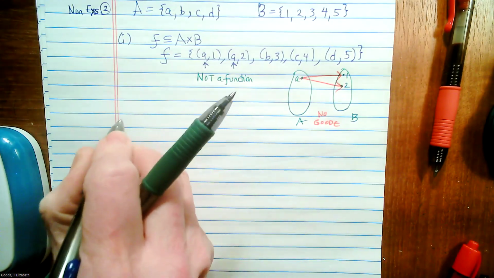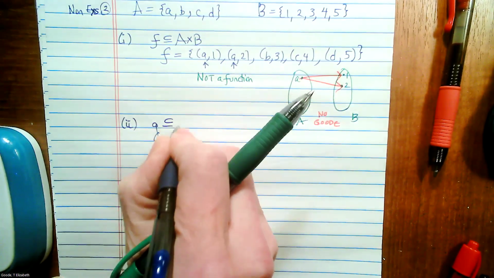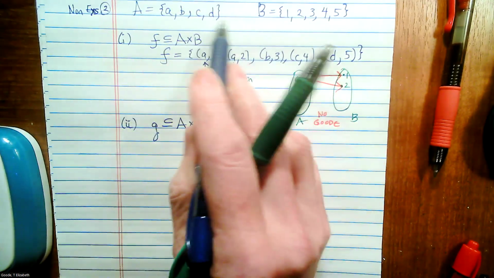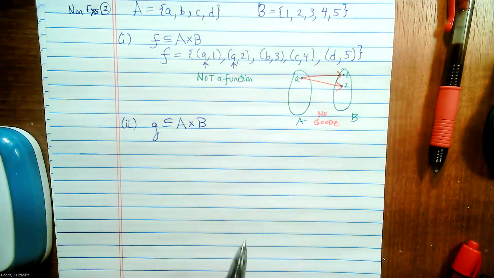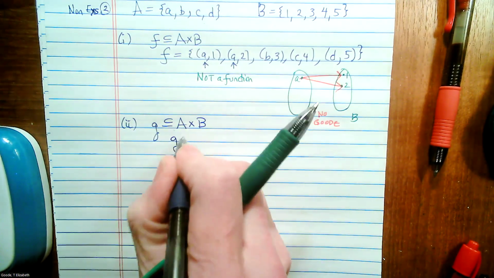The other way things can go bad is if, let's build a G that's a subset of A cross B. Remember, a subset of A cross B could be any set of ordered pairs with the first coordinate from A and the second coordinate from B. So what if G looks like this?